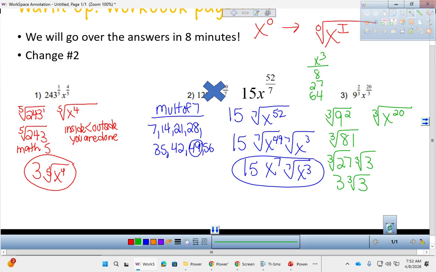Now, with my variable, my inside is not smaller than my outside, so I'm not done. I need to think of multiples of my outside number. So 3 times 1, 3 times 2, 3 times 3, 3 times 4, 3 times 5, 3 times 6, 3 times 7 is too much, right?